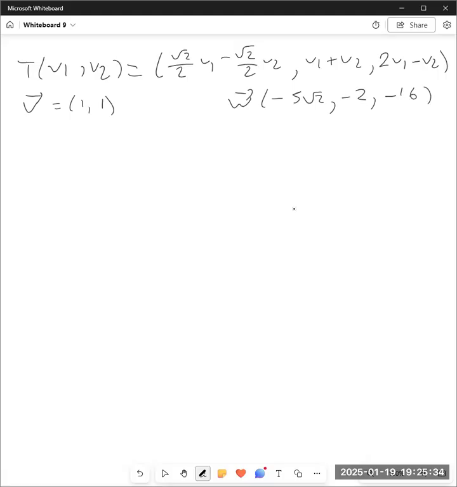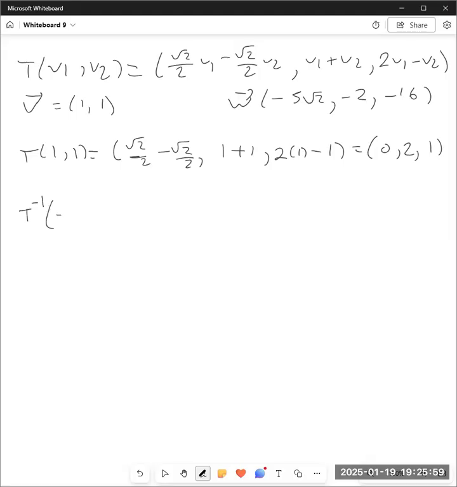-16. So T of 1, 1 is equal to root 2 over 2 minus root 2 over 2, 1 plus 1, comma 2 times 1 minus 1 is 0, 2, and then 2 minus 1 is 1. So 0, 2, 1. And I want the pre-image of -5 root 2, -2, -16.